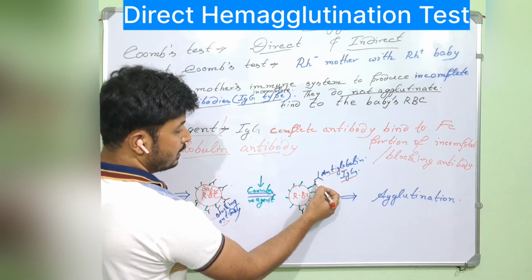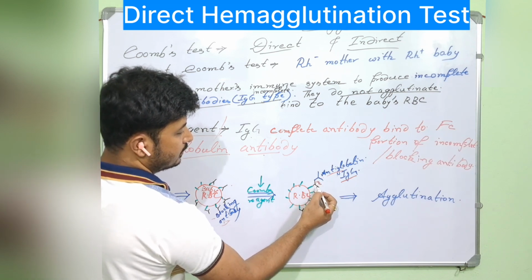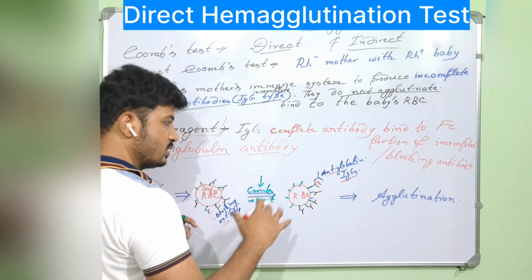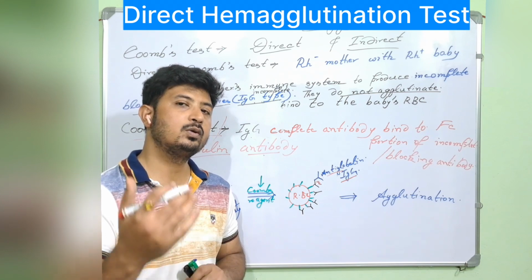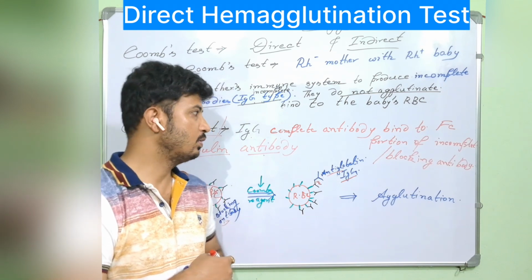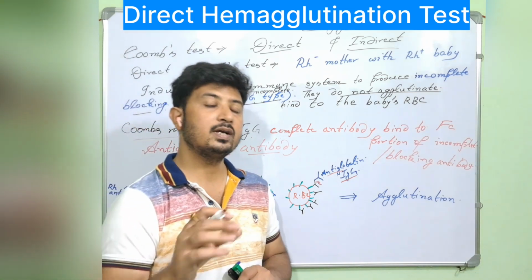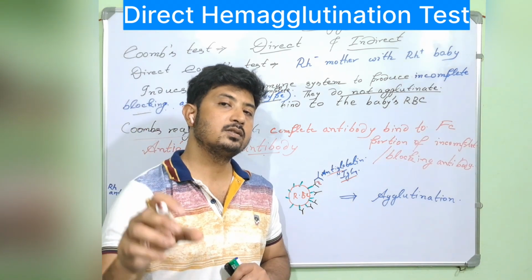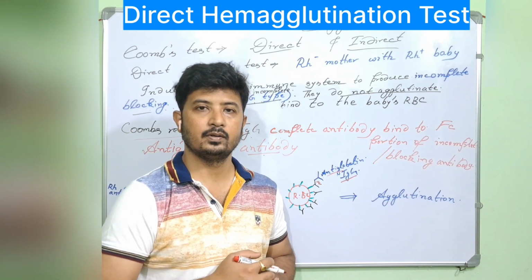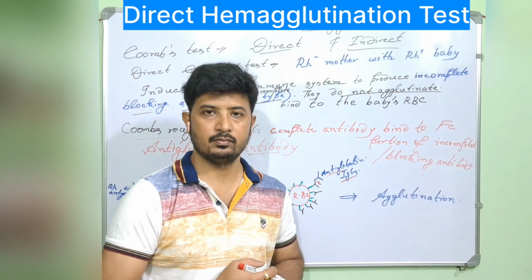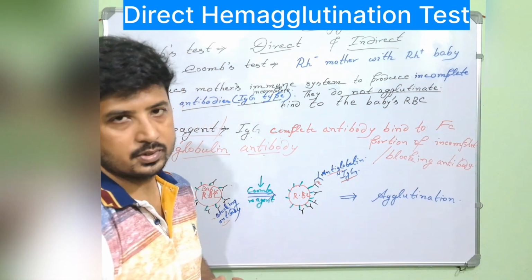So this will bind to the Fc portion of the incomplete antibody, and the total structure will form an agglutination. So that is why it is a direct Coombs test, because the Coombs reagent is directly recognizing the fetus RBC bound with the incomplete antibody. It is in vivo. Okay, so that is why it is direct Coombs test.